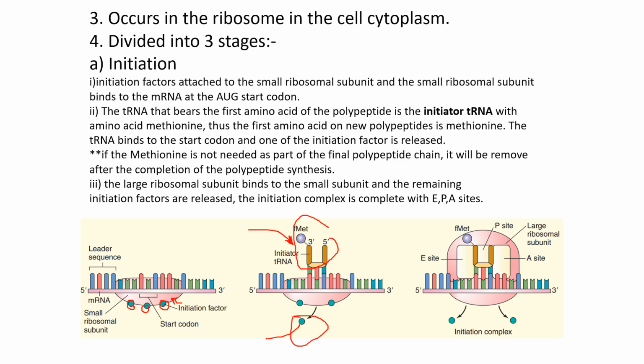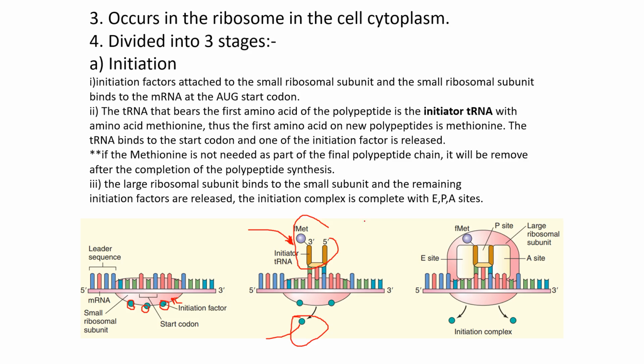Now, if methionine is not needed as part of the final polypeptide chain, it will simply be removed after the completion of polypeptide synthesis. Now, the large ribosomal subunit will bind to the small ribosomal subunit, and the remaining initiation factors are released. The initiation complex is complete with E, P, and A sites.